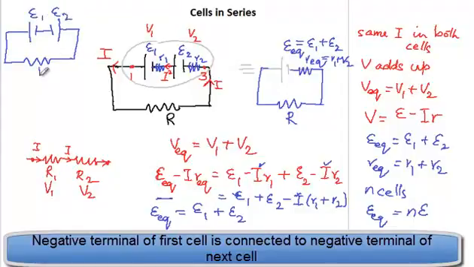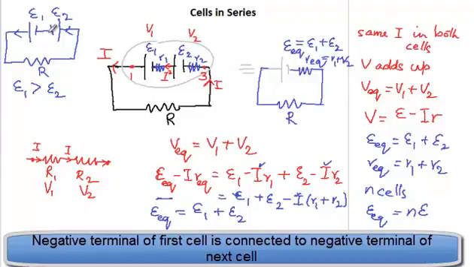So in this case, if I'm assuming that E1 is greater than E2, which means a current would flow in this direction, and through this cell it would flow from the positive terminal to the negative terminal, which means the cell with the greater EMF, since E1 is greater than E2, is able to drive a current through the cell with the smaller EMF.